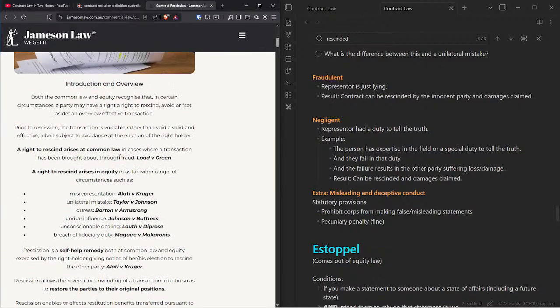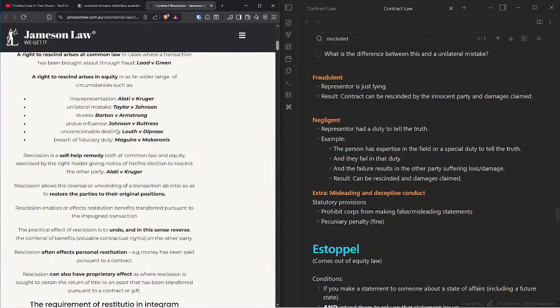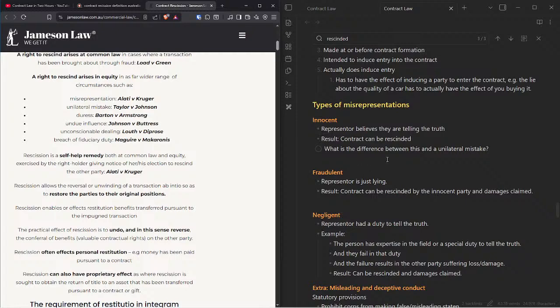Okay, I'll keep this for now, but at some point, it would be good to find some actual examples of what has happened.